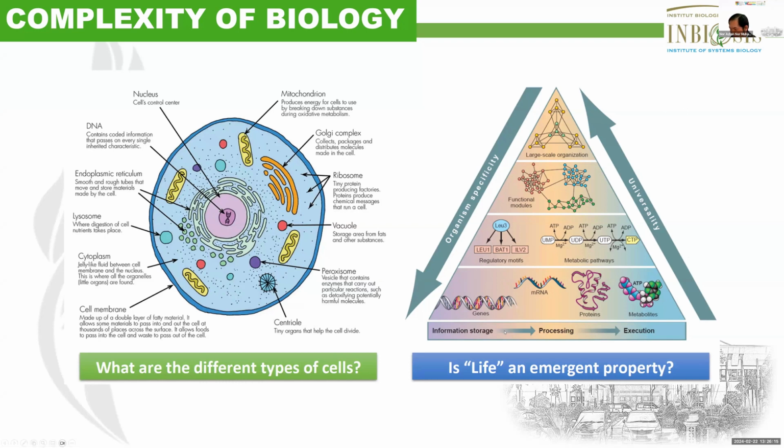On the bottom there, we started with genes, transcripts, mRNA or transcriptome data, proteomics for the proteins data, and metabolomics for metabolites. And they are all working together in pathways and so on. And these pathways are basically contributing to a certain function in living organisms.